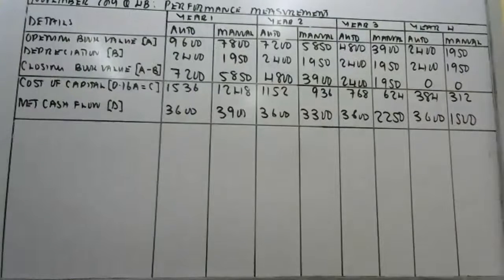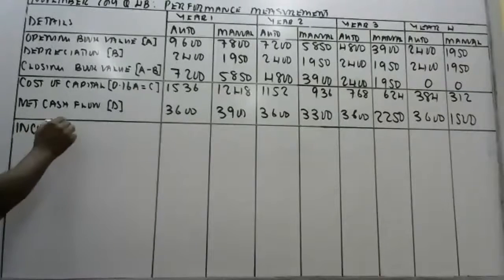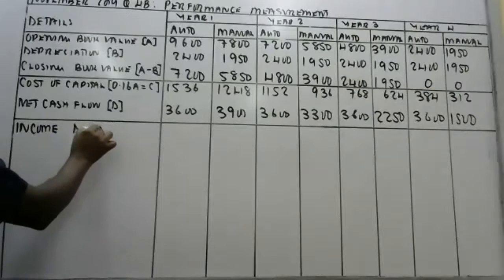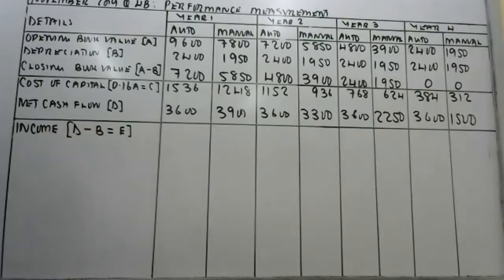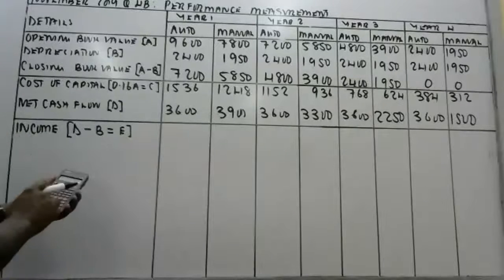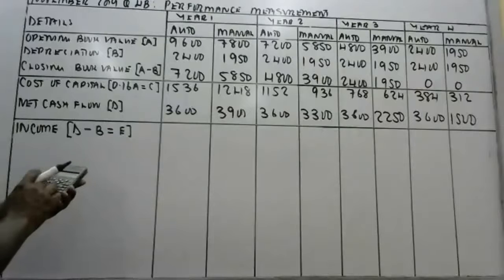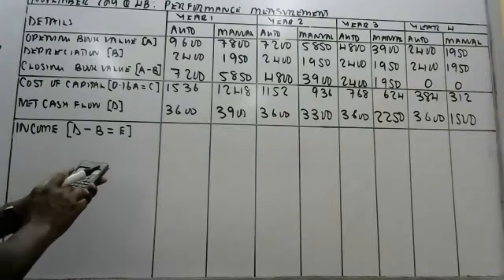The next thing that I need is income. Income will be given as D minus B, and you can call it E. D minus B, and you call it E. So that is 600 minus 2400.